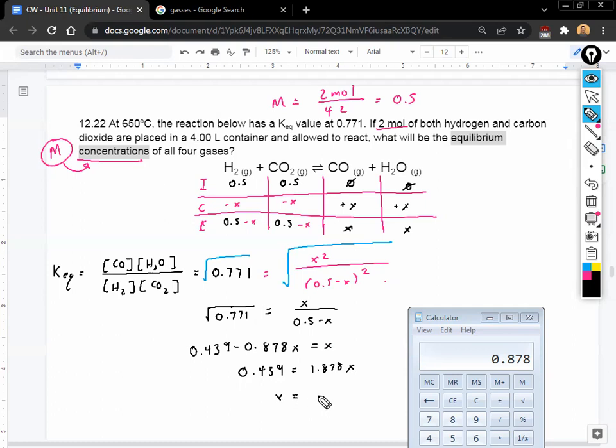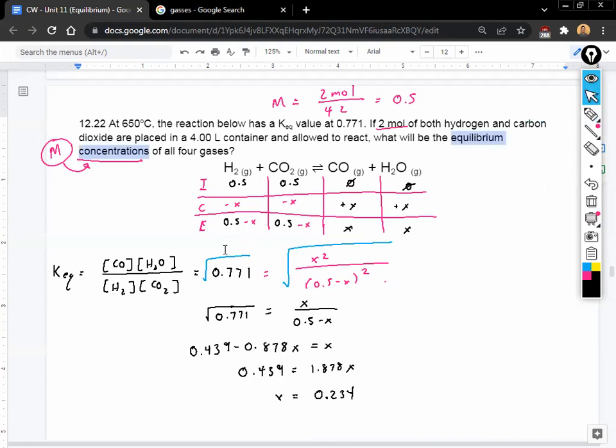And then you can solve for x, which is going to be 0.234. So that's what you should have gotten for your final answer. We took these values and plugged them in, and if you actually squared it, it would have been very complicated to do. But since we square rooted both sides, we were able to get rid of one of the x's. Okay. A lot of math.